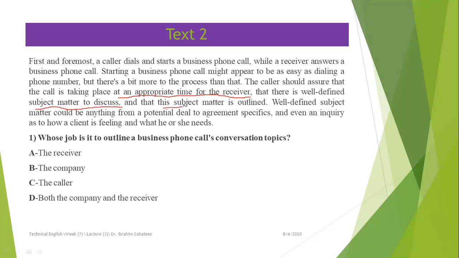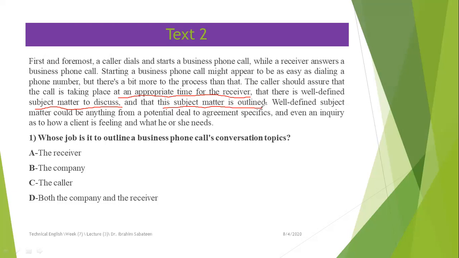And that this subject matter is outlined. You have to keep these three things in your mind if you want to make a business phone call: call at an appropriate time for the receiver, the subject should be well-defined and organized, and the subject should be outlined. يعني ملخص بطريقة واضحة.